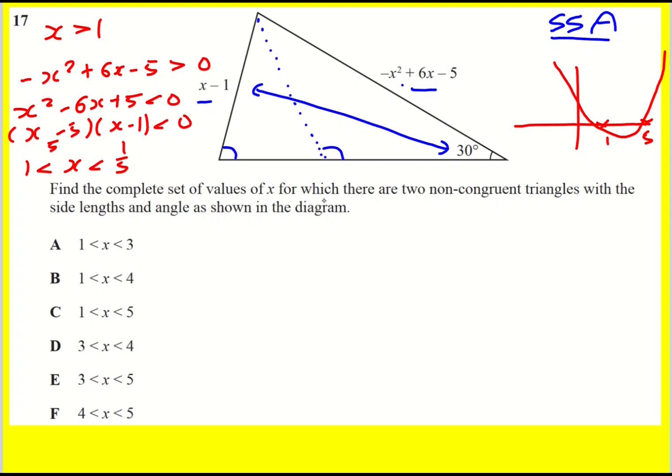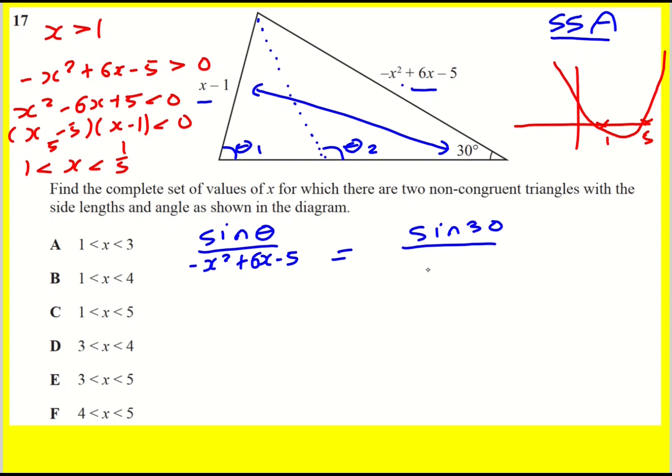Let's apply the sine rule. So I've got sine theta, and this can be theta 1, my acute angle, and then theta 2, my obtuse angle, but we'll just call it theta in general, divided by minus x squared plus 6x minus 5. That's going to equal sine 30 over x minus 1.